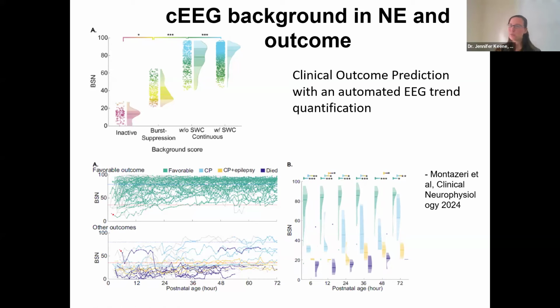Now, this is still very much a research application that is not ready for clinical prime time. But for me, this gives me a lot of hope that we're going to be able to create a quantified measure of background that we can incorporate into our prognostic discussions with families and be able to give them some clearer answers than we can currently give by incorporating that with everything else we know about the baby.